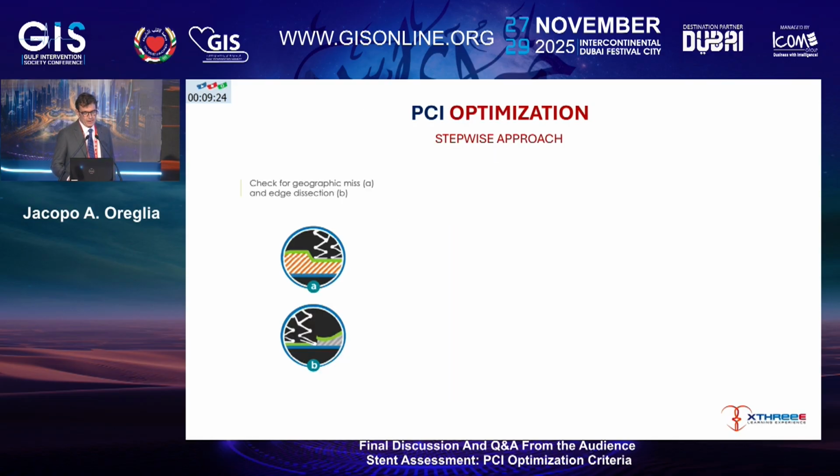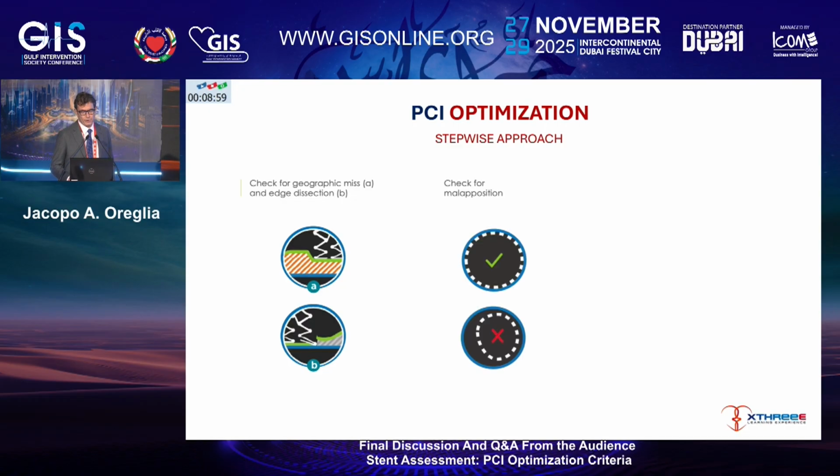So first of all, and again, we need to have a stepwise approach in order to evaluate all the important things that we need to evaluate. First of all, we need to evaluate the geographic miss. That means that we didn't completely cover the whole lesion, and also the presence or absence of edge dissections.